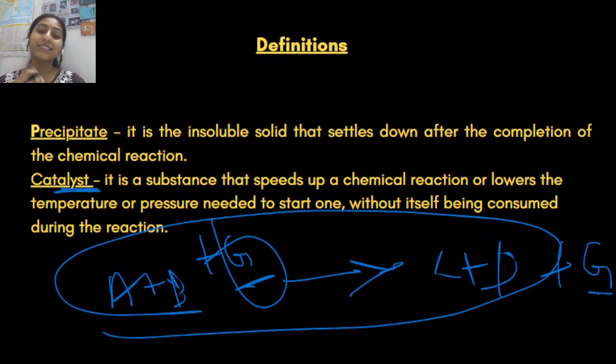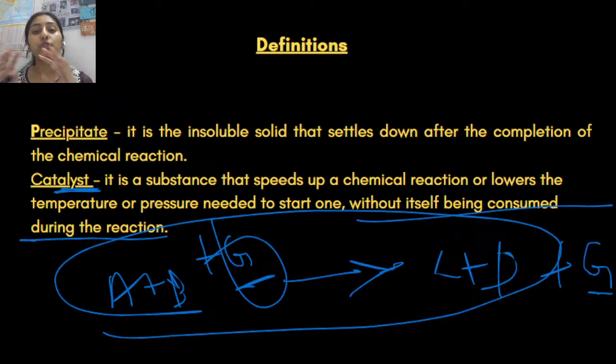It is a substance that speeds up a chemical reaction, or it lowers the temperature, or adjusts the pressure if it is needed to accelerate that particular reaction, without itself being consumed during the reaction. This is important here: catalysts are not consumed during the reaction.